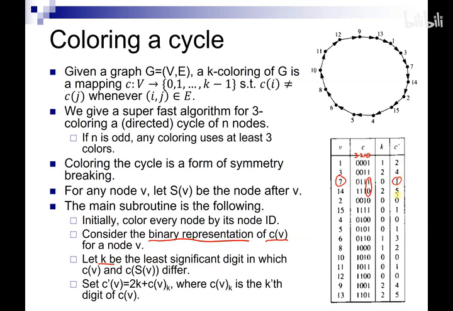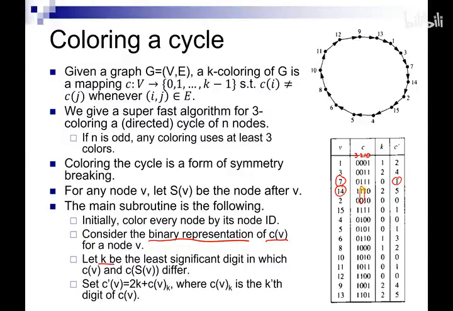We can look at another example. If you look at node 14 over here, we're going to look at its successor, which is this node with color 2. We're going to look for the least significant digit where their colors differ, and this is going to be this 2's digit over here. So k is going to be equal to 2 for this node 14.